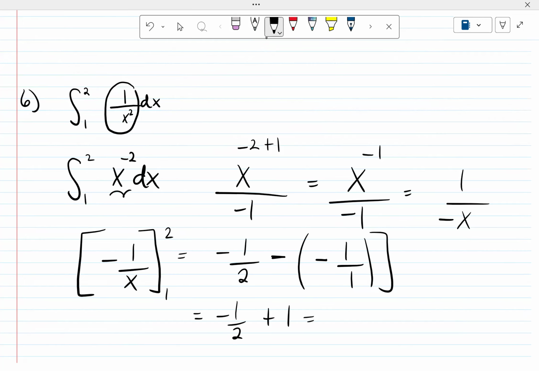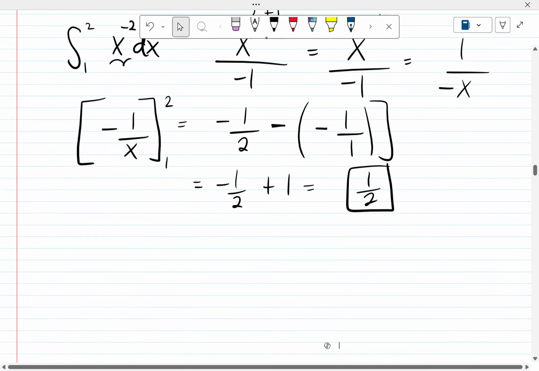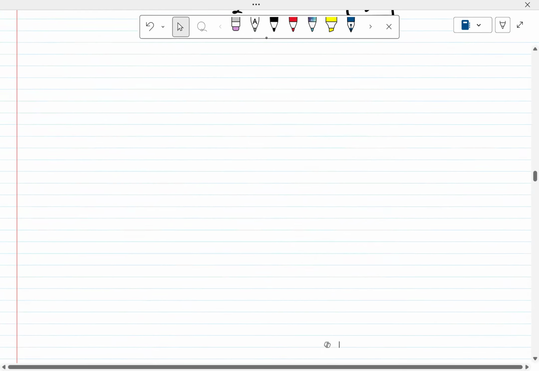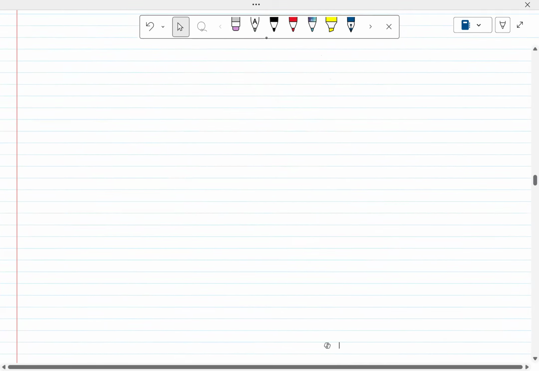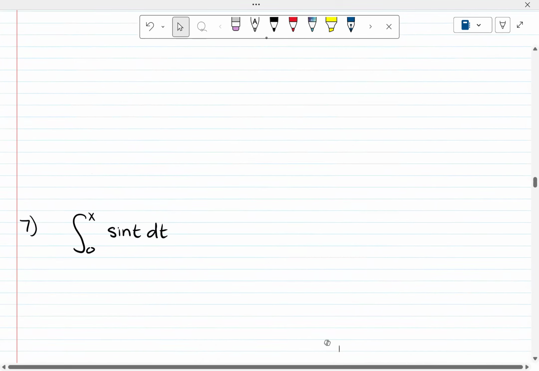Negative 1/2 plus 1 is 1/2. Okay. Let's move on to question 7.